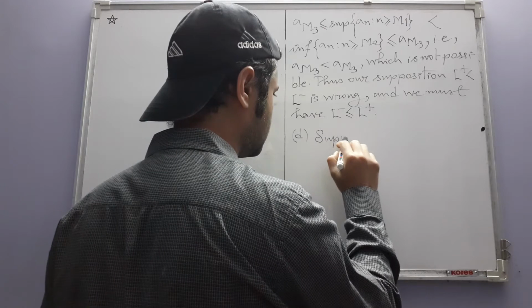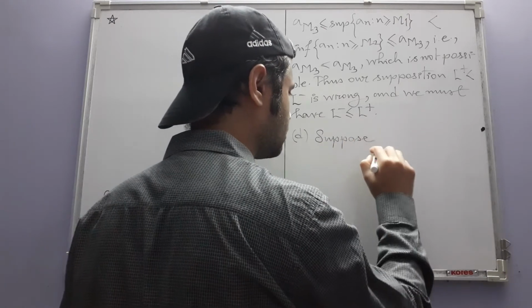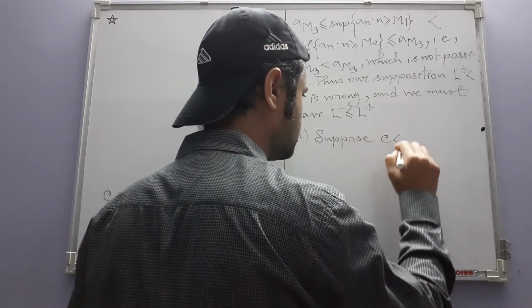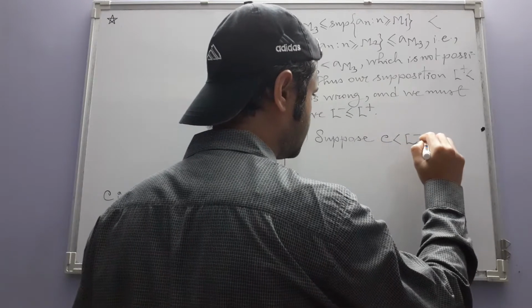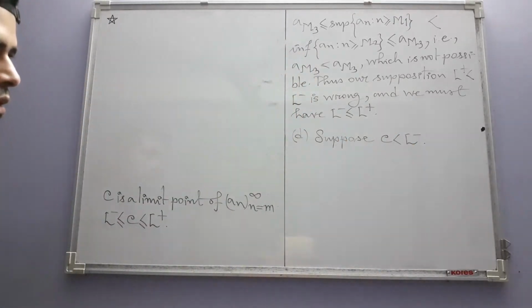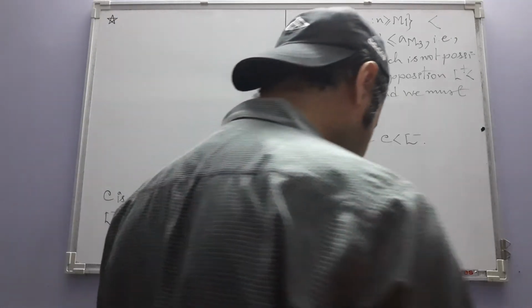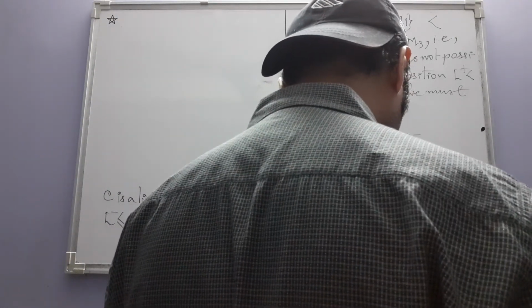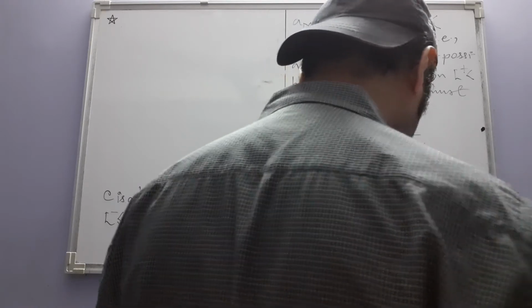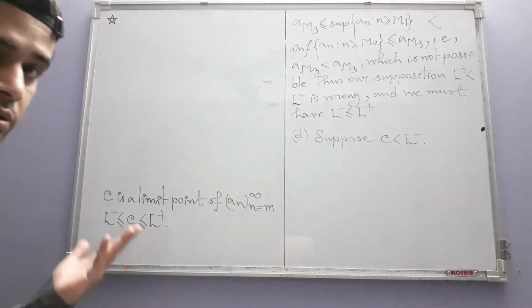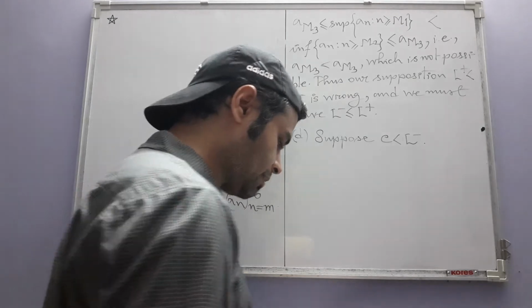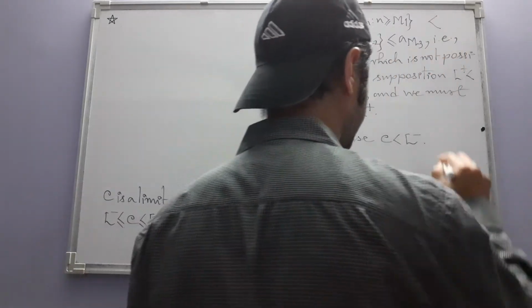Suppose that C is strictly less than the limit inferior. It's now time for us to use parts A and B. Okay, so let us recall then.